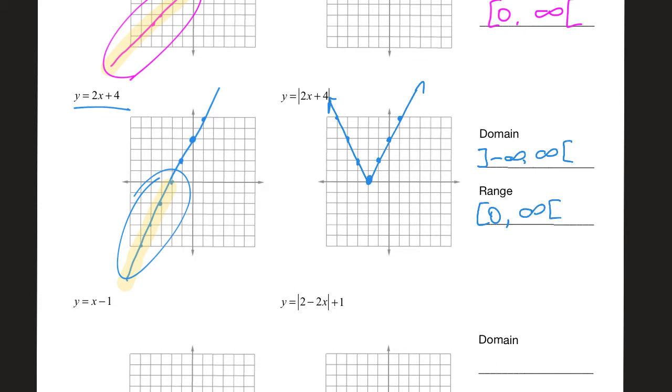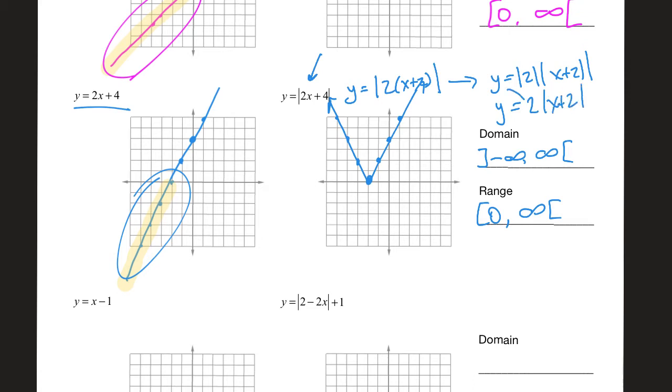Now, something else to think about on this problem is that you can factor a 2 out of that: 2 times x plus 2. And you're also allowed to separate that into the absolute value of 2 times the absolute value of x plus 2. And then some of the rules that you've been learning lately still come into play.